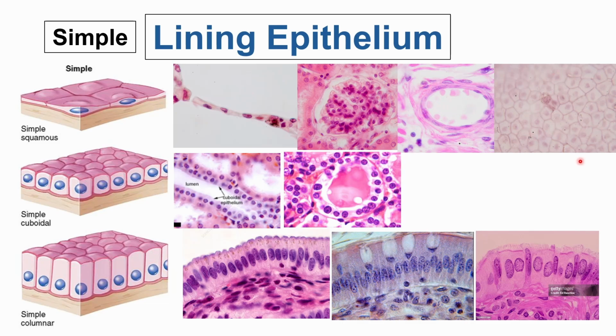And in this case, we cannot see the basement membrane because we are looking at the apical part, top view, and not the side view or cross-sectional view of your simple squamous epithelium. But what we can appreciate from here is that the cells are tightly packed. Right? There's no space or extracellular material in between. Okay?